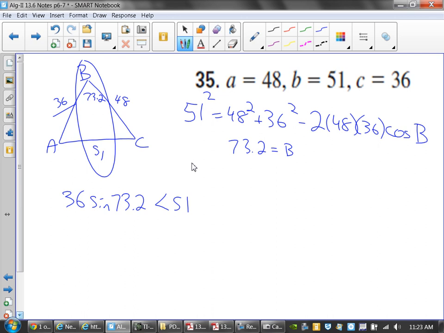But is it smaller than the other side, 36? Does this work? No. So you know you're only going to have one triangle. Does that make sense? What I did here is I'm just checking the B sine of that, just to make sure that these guys don't accidentally throw a second triangle at you. It only takes a second to double check it.